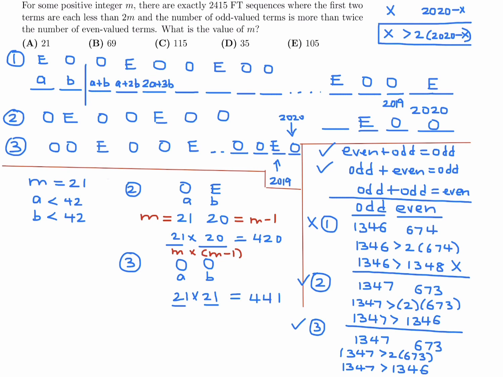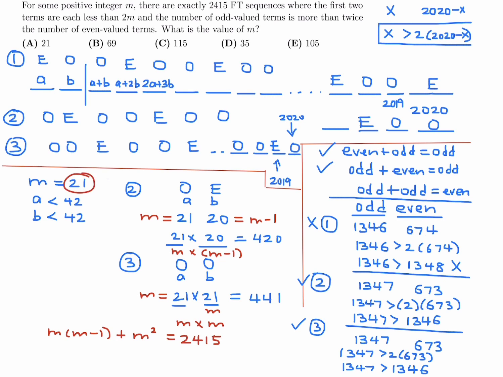And then for this, it looks like this is M, this is M, and therefore this multiplication is just M times M. So I conclude that M times M minus 1 plus M times M, which is M squared, must be equal to my 2415.